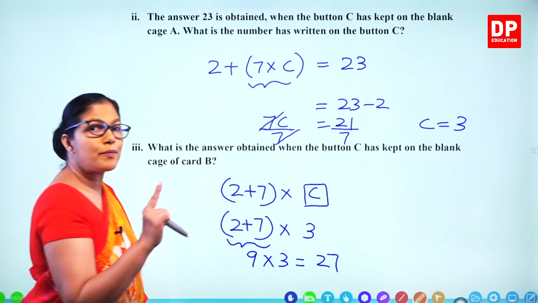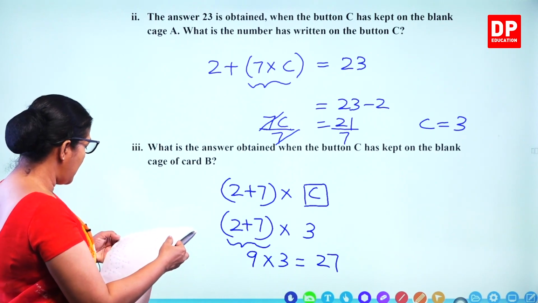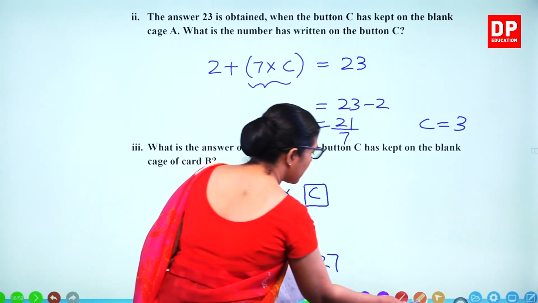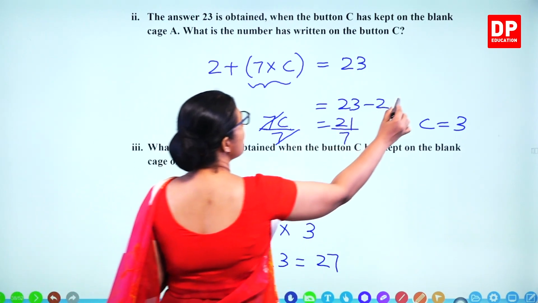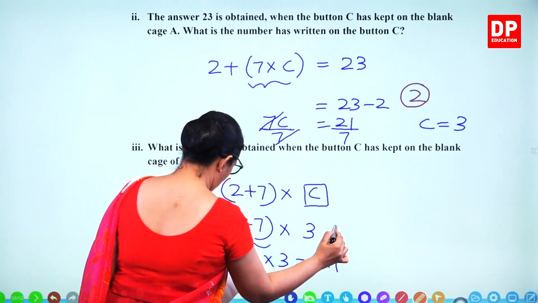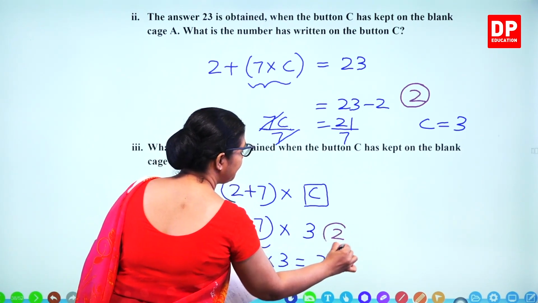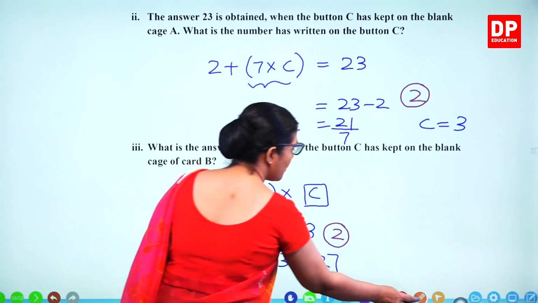So according to BODMAS, you have to do brackets first. So 27 is the answer. You get 2 marks for C equals 3 and 2 marks for 27. So let's do the next part.